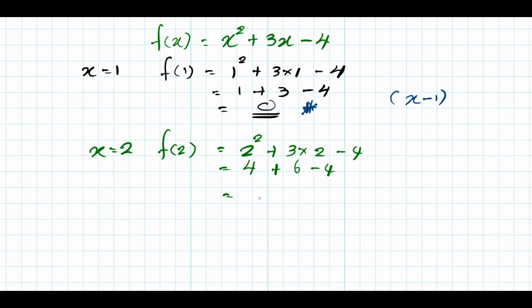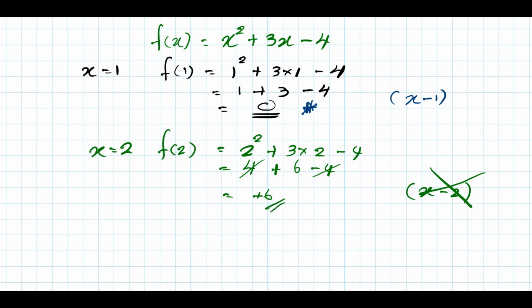Plus 4 and minus 4 cancel, so I get plus 6. Then I can surely say x minus 2 is not a factor of this f(x) function.